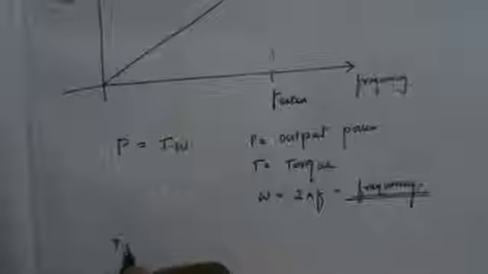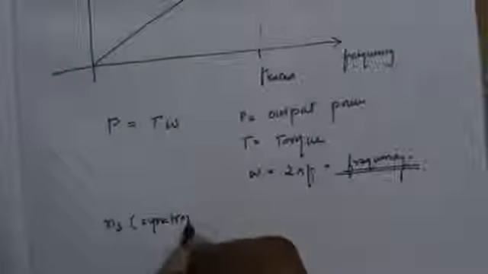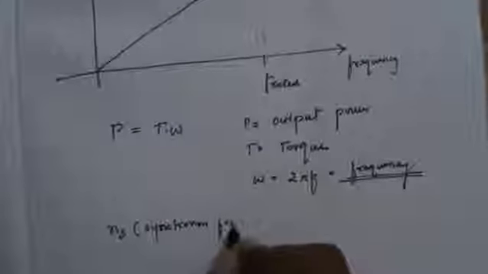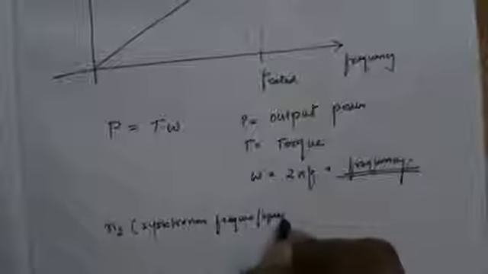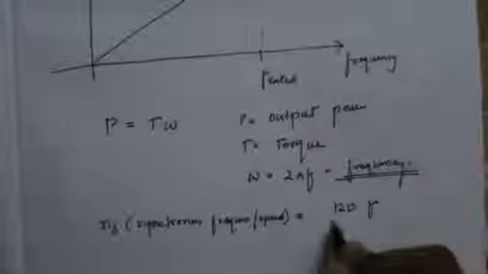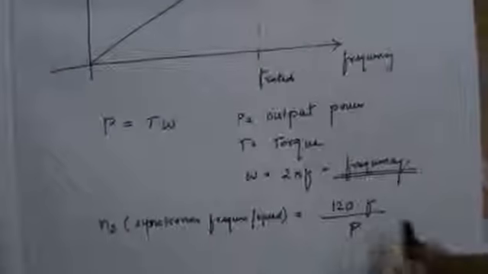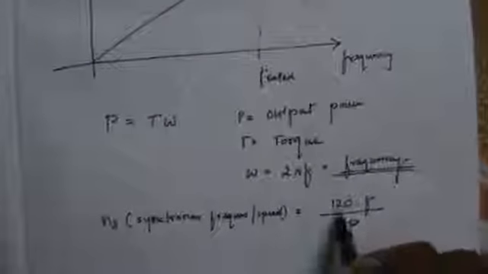Now we represent synchronous frequency, or you can call it speed, equal to 120 into F divided by P. Now this synchronous speed is equal to 120 into F, that is the supply frequency, divided by the number of poles.